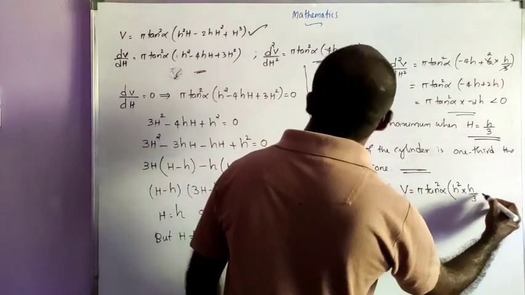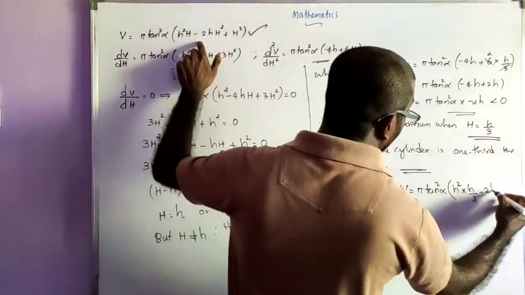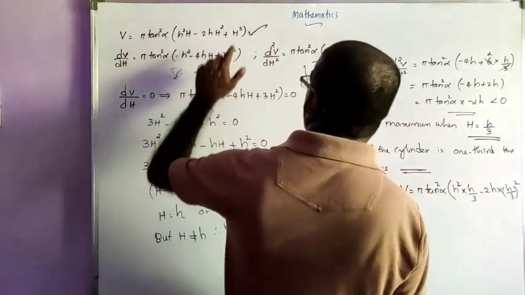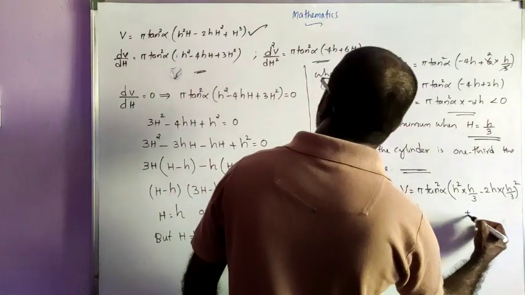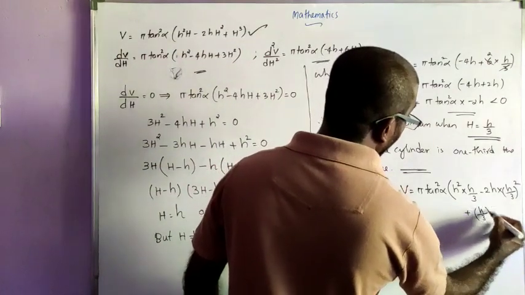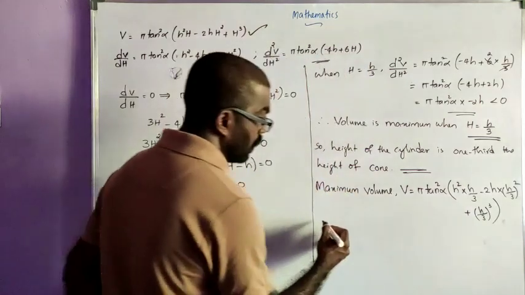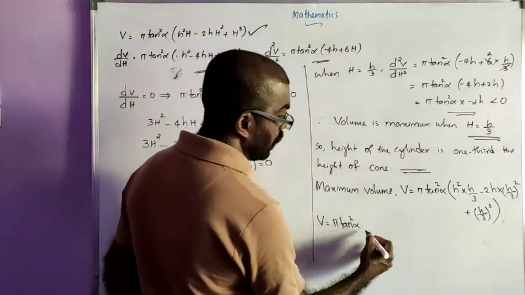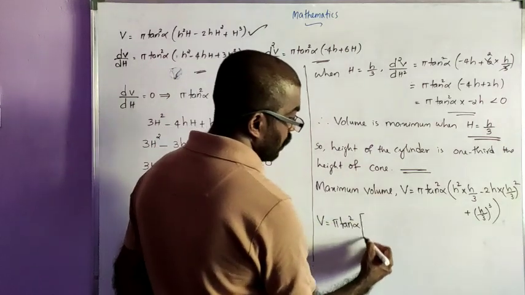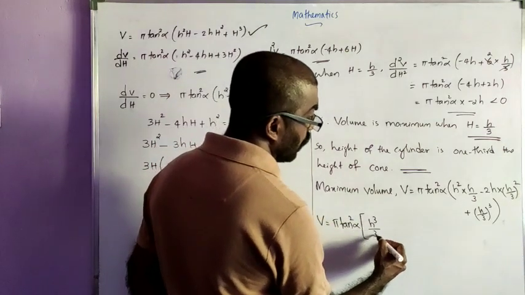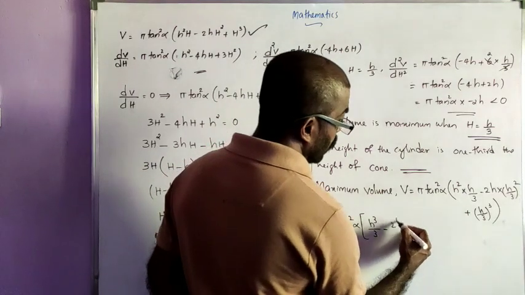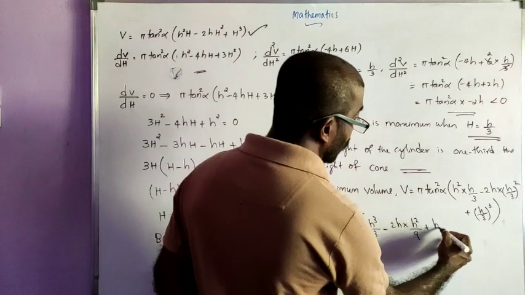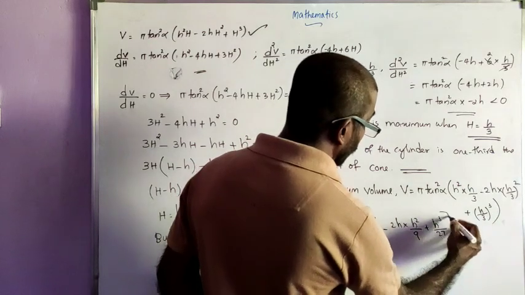So V is equal to π tan²α into (h³ by 3, then minus 2h into h²by 9, then plus h³ by 27).